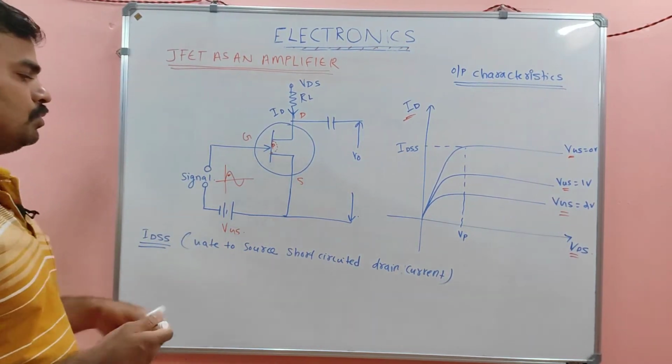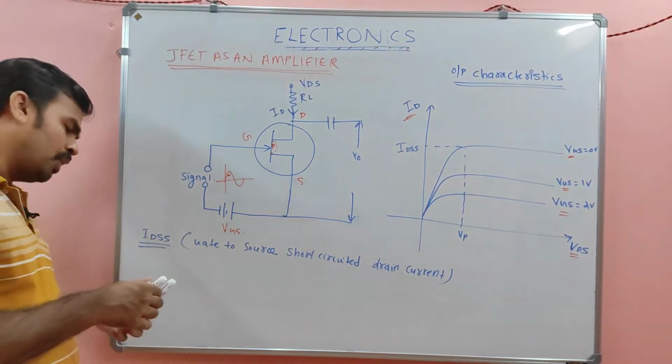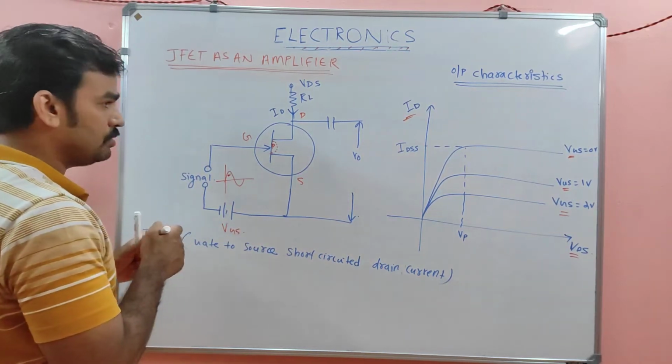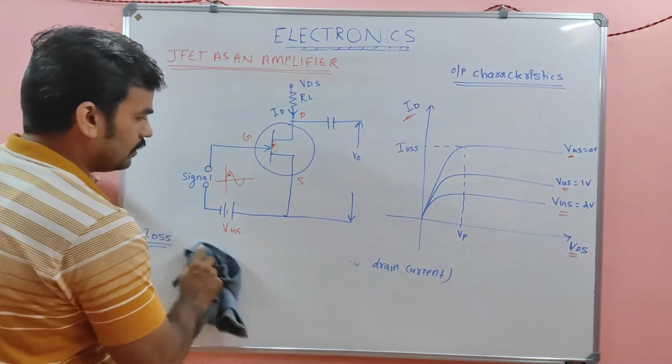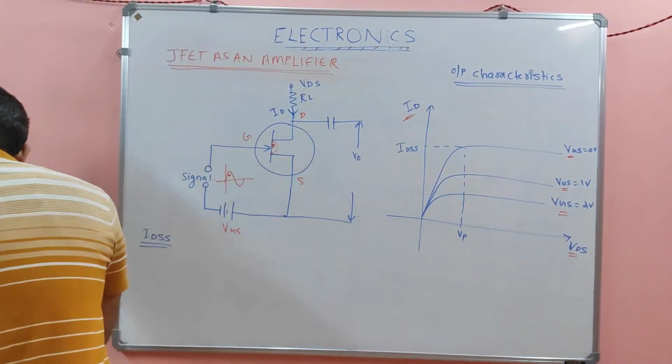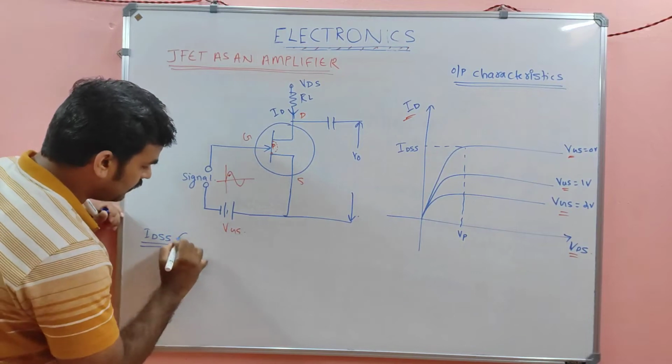Gate to source short circuited drain current, or shorted gate drain current. Simply you can use this: shorted gate drain current.